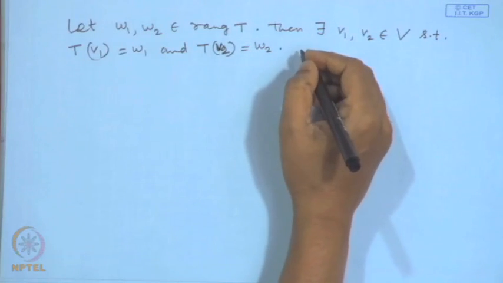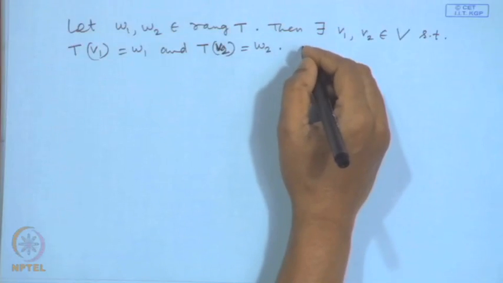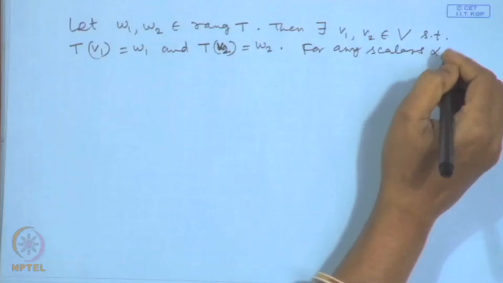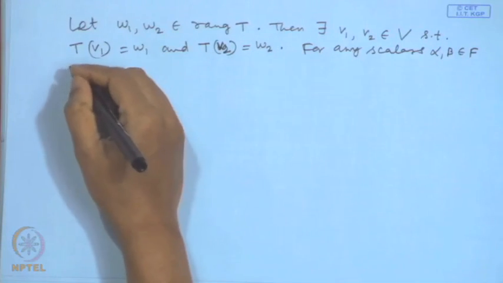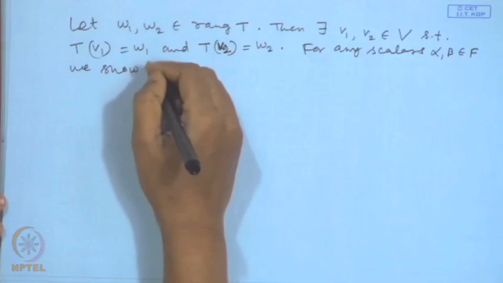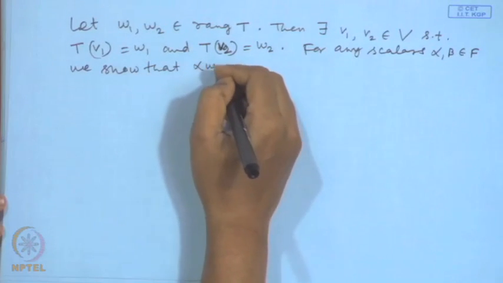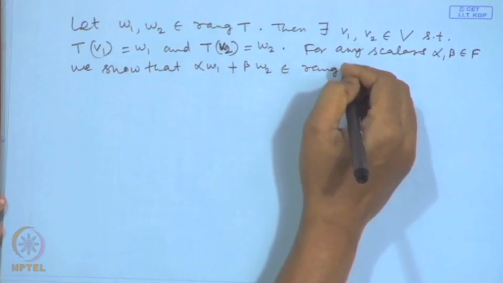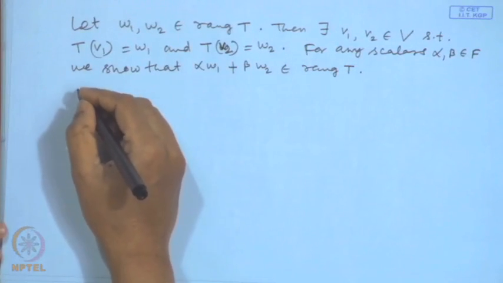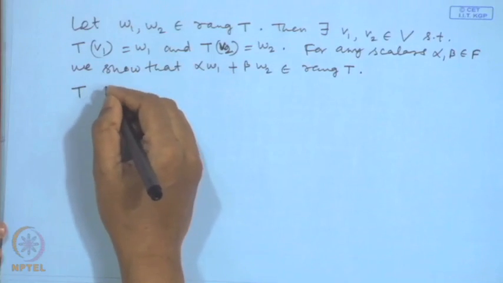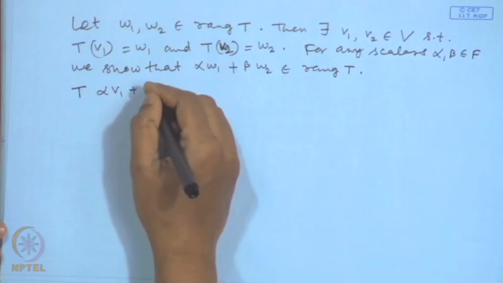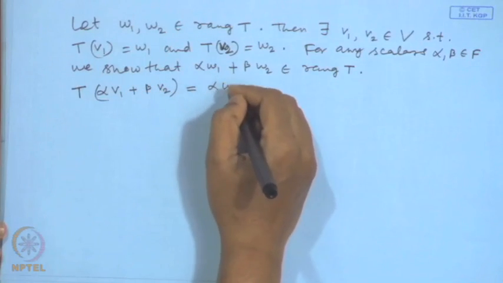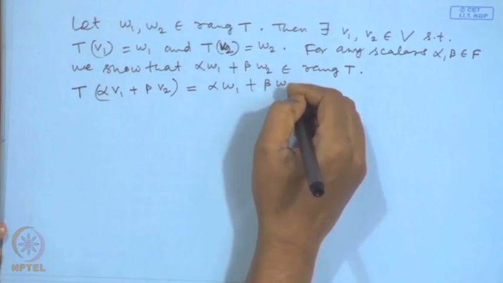We shall show that for any scalars alpha, beta in F, alpha w1 plus beta w2 belongs to the range of T. Now the image of alpha v1 plus beta v2 is equal to alpha w1 plus beta w2.